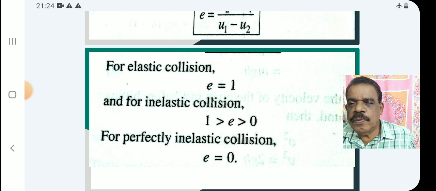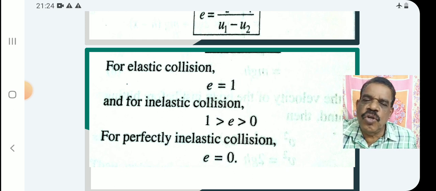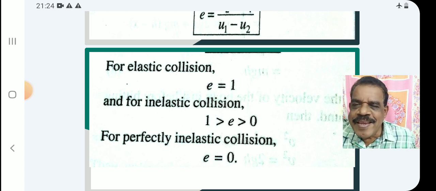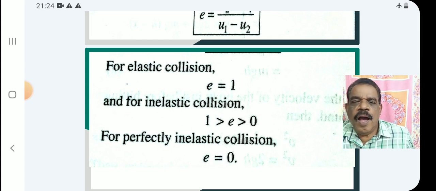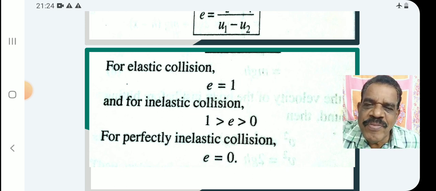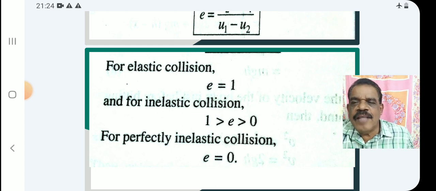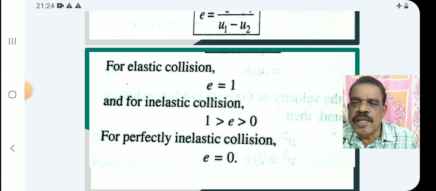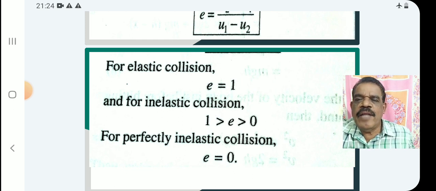So remember two values: for perfectly elastic collision, e is equal to 1; for perfectly inelastic collision, e is equal to 0. Those collisions in between have e between 1 and 0.